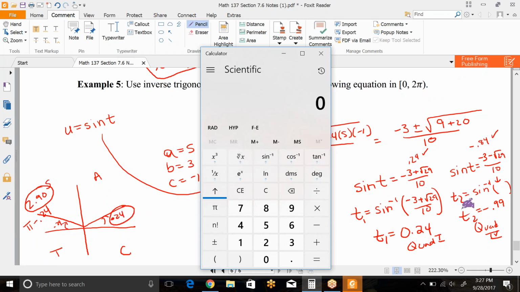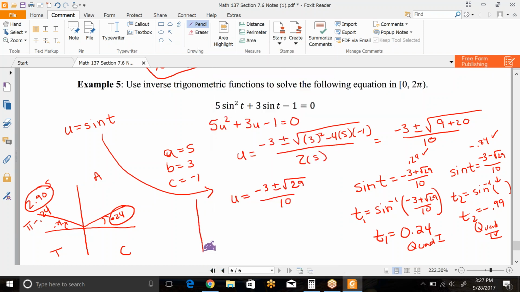And then let's think about the other case, which was when we were in quadrant 4. In quadrant 4, we got this negative 0.99. Now I know that that's not in a different quadrant because the inverse has to be in either quadrant 1 or quadrant 4. We use the inverse button and it's negative, so it's down here.